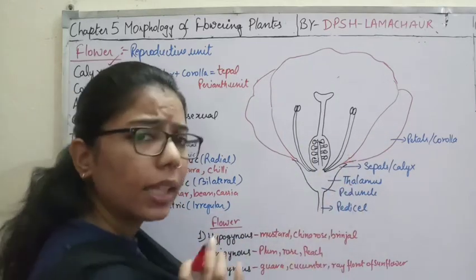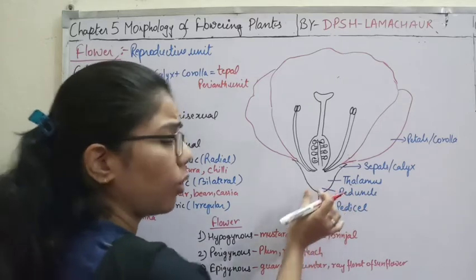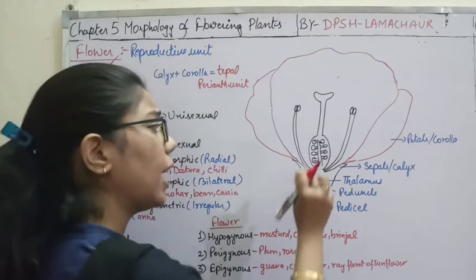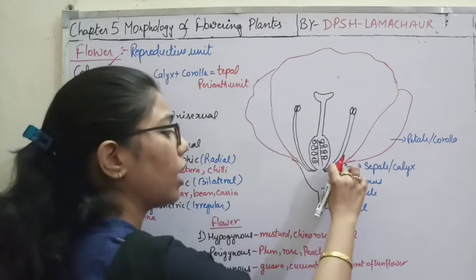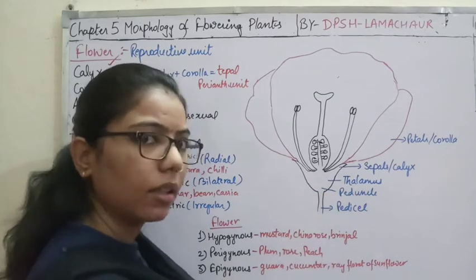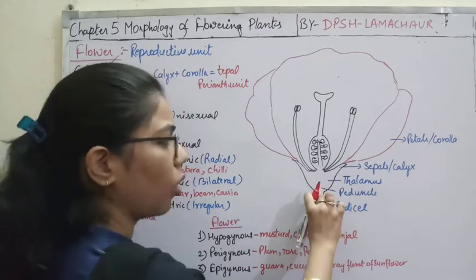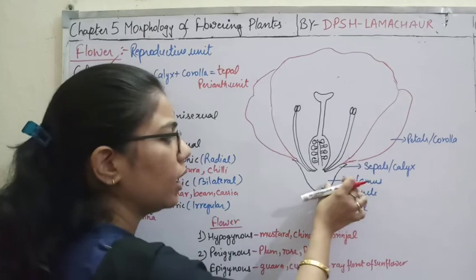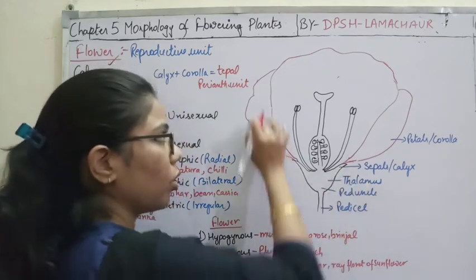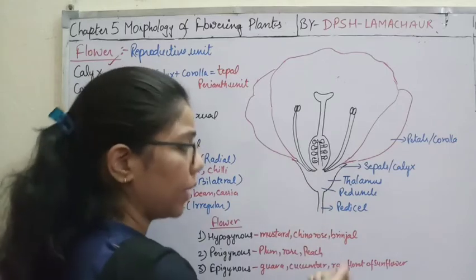Below that, from where you can pluck the flower, is the peduncle. And this flower is connected with a stalk, known as the pedicel. So the pedicel is the stalk of the flower, and the peduncle is below the thalamus, from which it is attached, and the thalamus is where all the reproductive units are present.